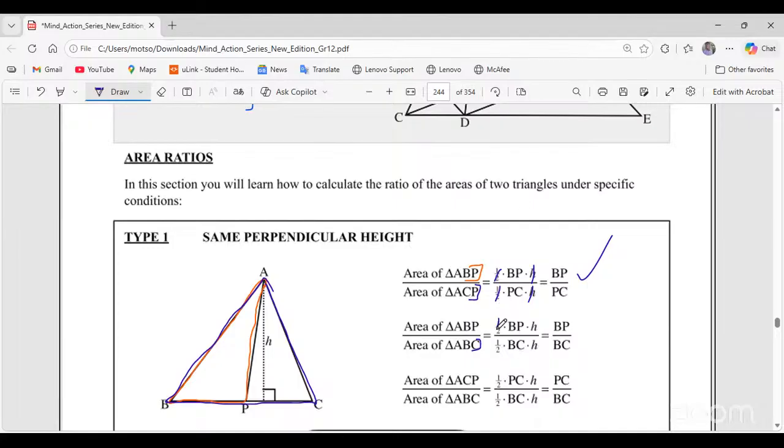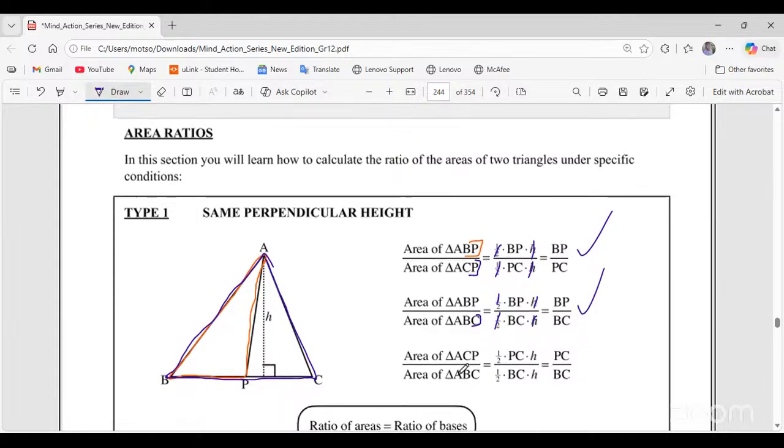Then this half cancels out with that half, and this height cancels out with that height. Now we are left with BP over BC. So the ratio of the area of triangle ABP over the area of triangle ABC is BP over BC. Now we are done with this one.